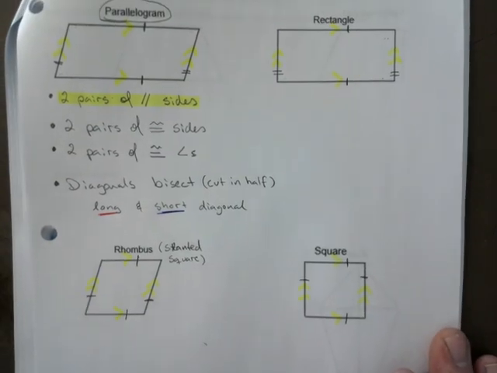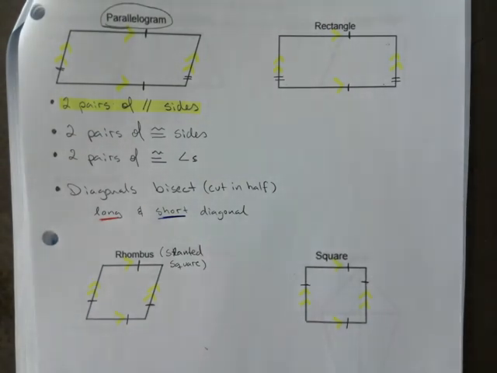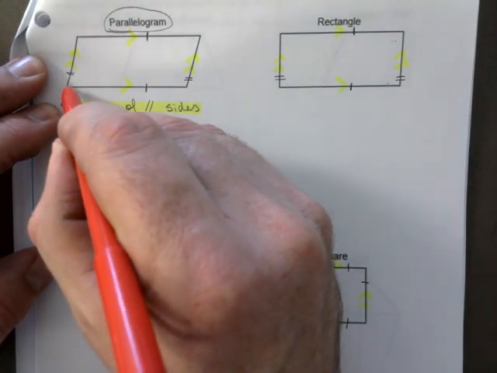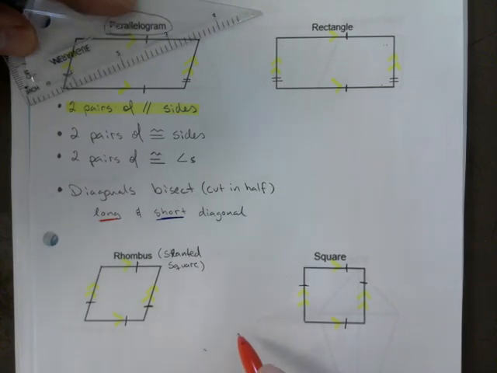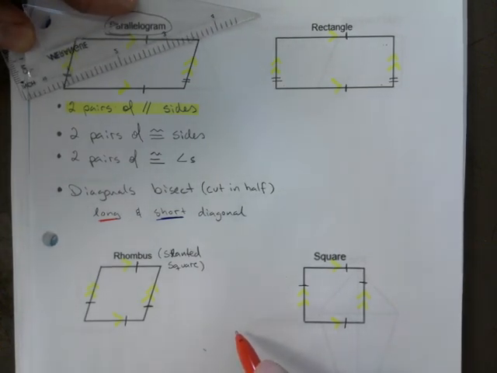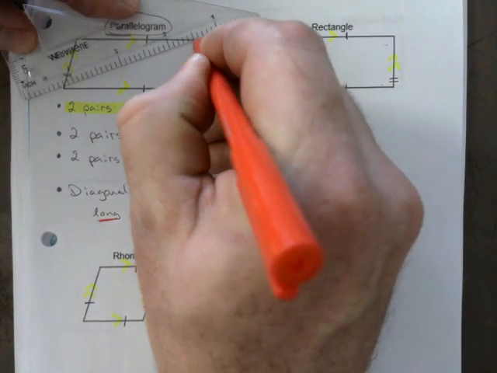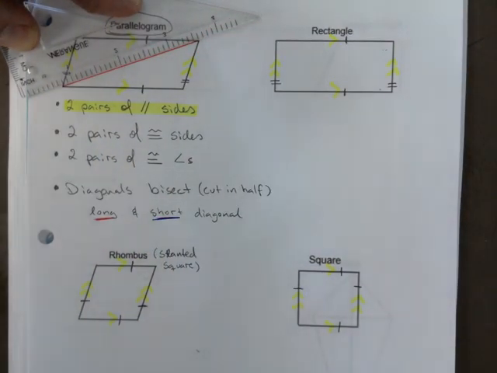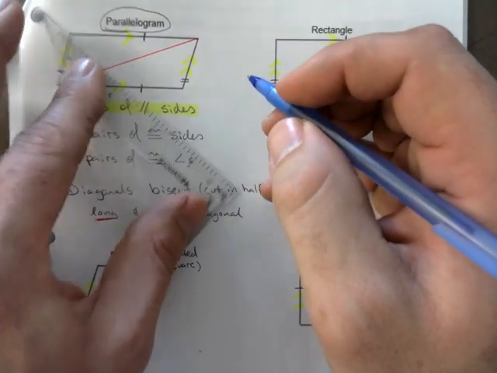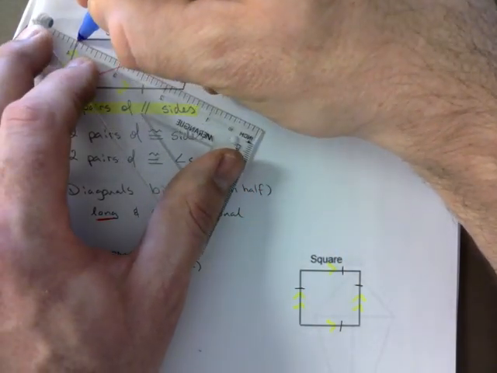I want you to have a visual when you look at this. So the long diagonal, I'm going to use a ruler because I know I'm going to get this wrong. The long diagonal goes this way, right? And the shorter diagonal goes this way.